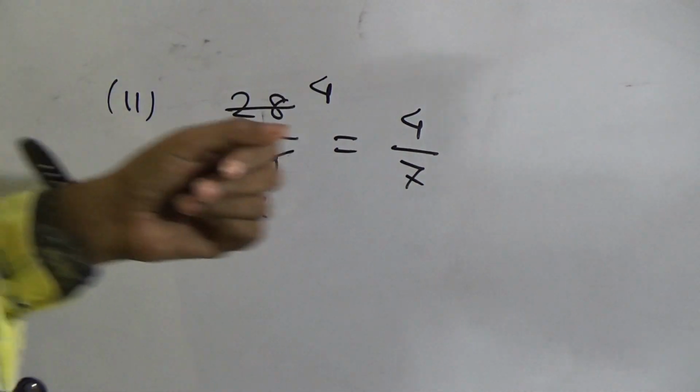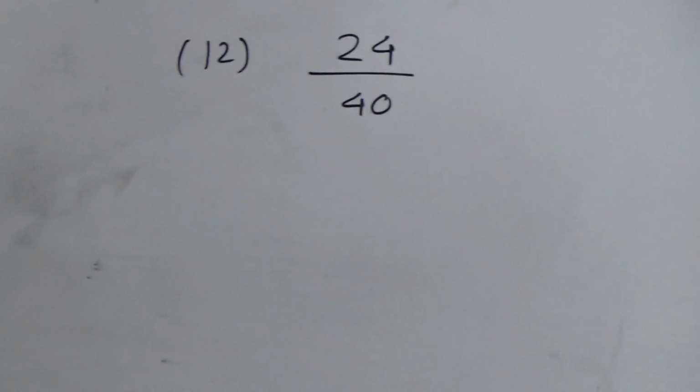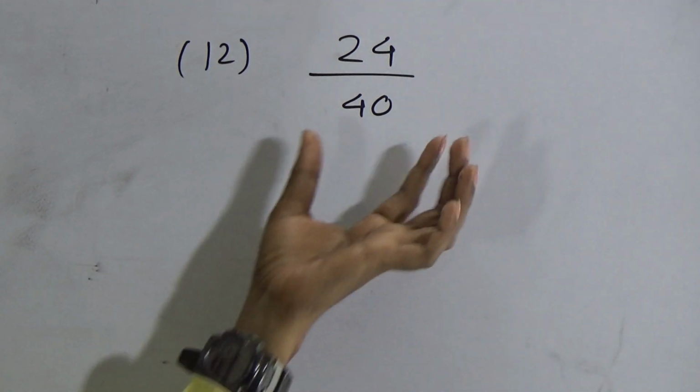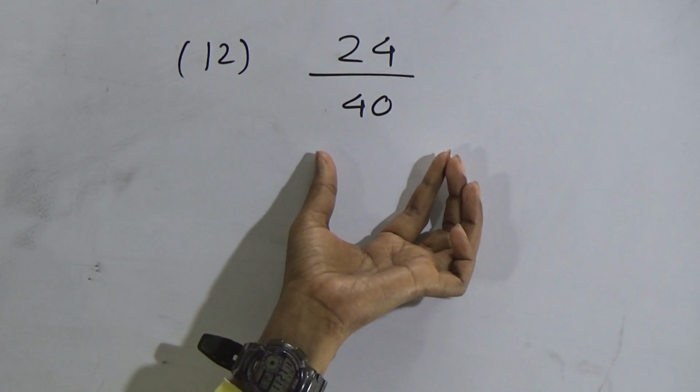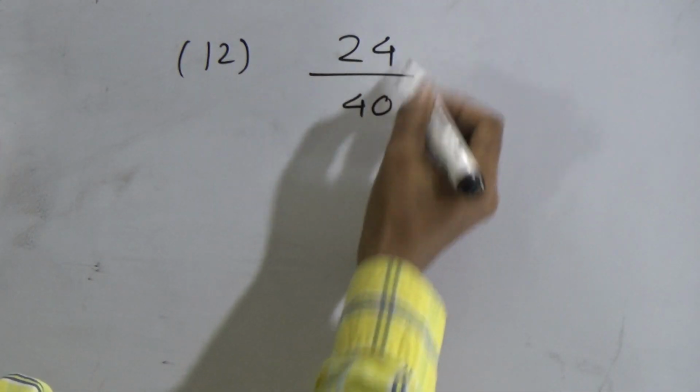Now question number 12, you see 24 and 40. Student, I will solve in another process. Look, 24 is an even number. Similarly, 40 is an even number. You can divide both numerator and denominator by 2.